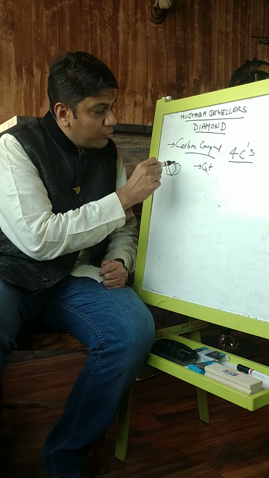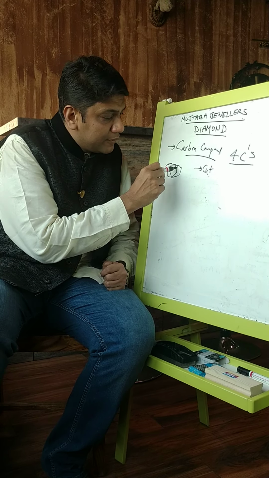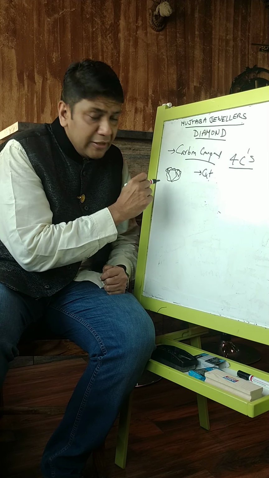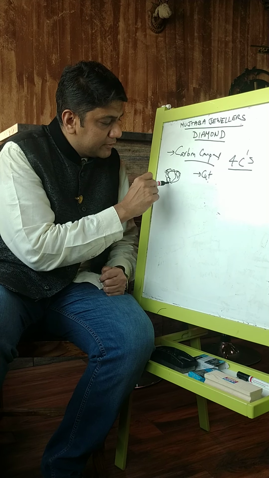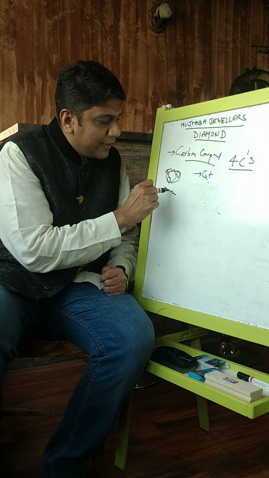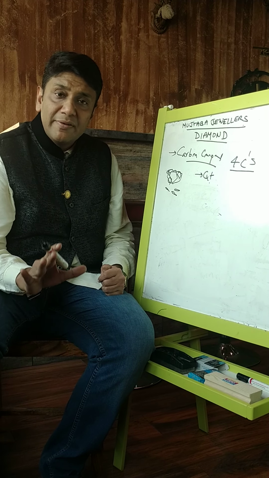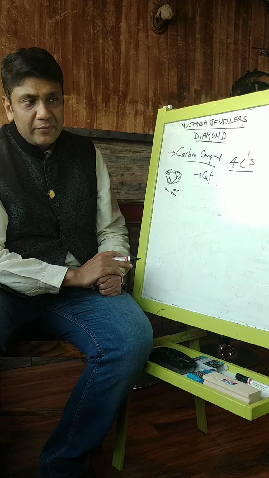And even if smaller sides are left over, they further cut them into smaller pieces. And even the chips or flakes which are left out are not wasted. Even that is again utilized.